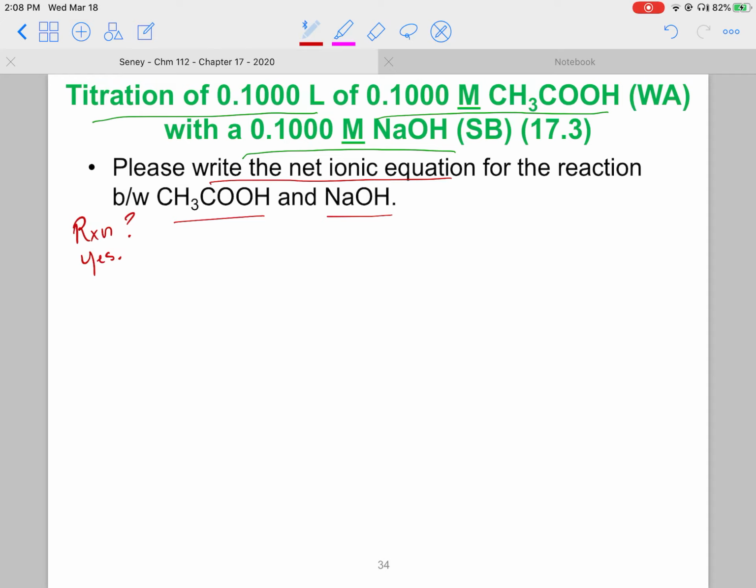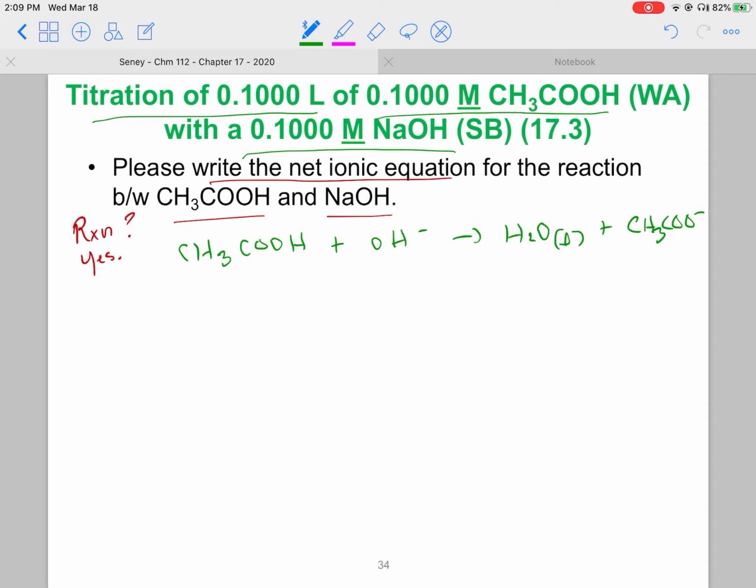So continuing on with writing that reaction, you'll end up with this as your net ionic. And again, these would be aqueous. And this is what it looks like.